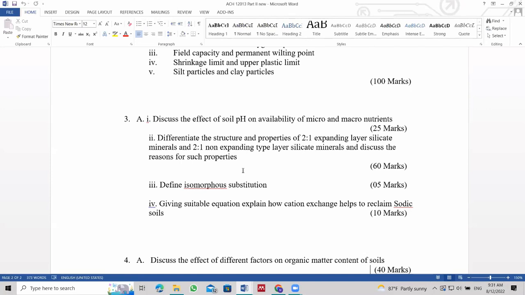So the first part: discuss the effect of soil pH on availability of micro and macronutrients. Can anyone tell what are the effects of pH on availability of nutrients? How will you answer this question?